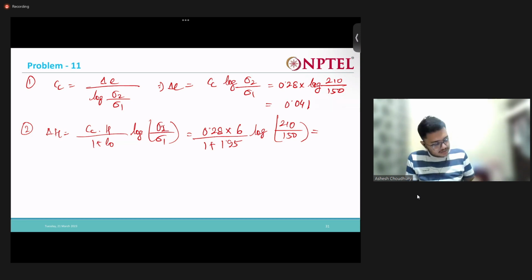That is in meters, so it will be 0.083 meter, so 83.22 millimeters.